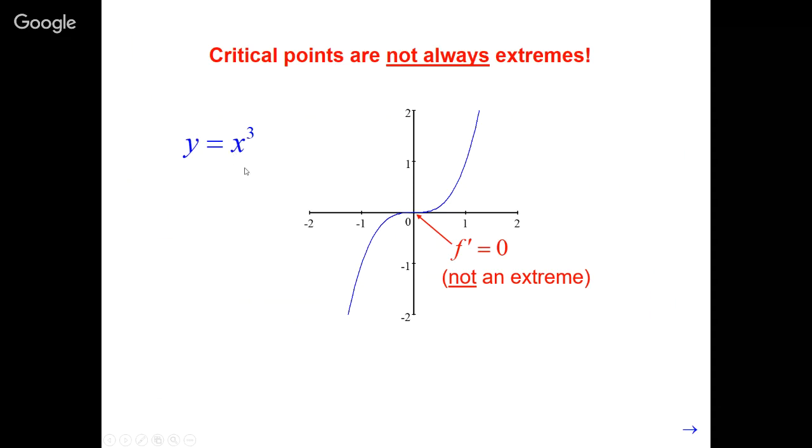Well, when is that equal to 0? Well, that's equal to 0 when x is 0. And you can see that you have a horizontal tangent here at x equals 0, but it's not an extrema. Something else is going on with this function, and it has to do with concavity. It could be a possible point of inflection where it's concave down and then it becomes concave up. So sometimes critical points are not extrema.